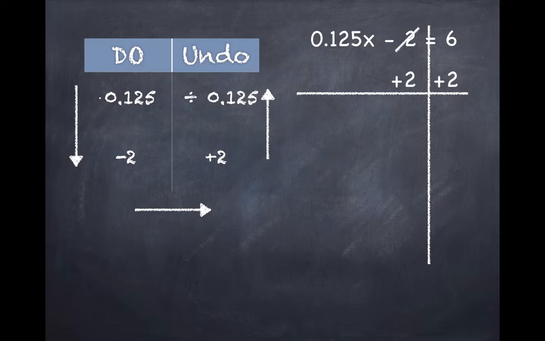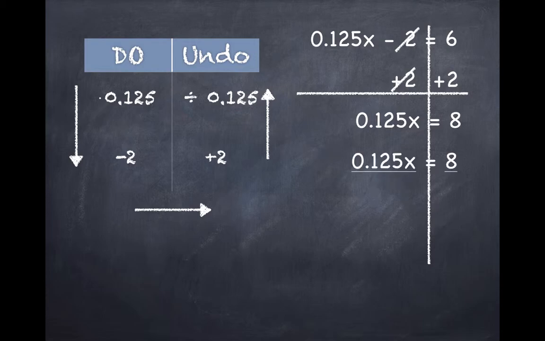So if I'm adding 2, negative 2 plus 2 cancels to give me 0 according to the additive inverse property. And 6 plus 2 is 8. So since my 2's canceled, I only have left 0.125x on the left-hand side and 8 on the right-hand side. And then the last thing I'm going to do in my undo chart as I'm moving up is divide.